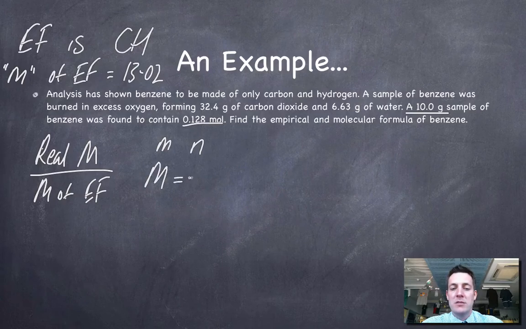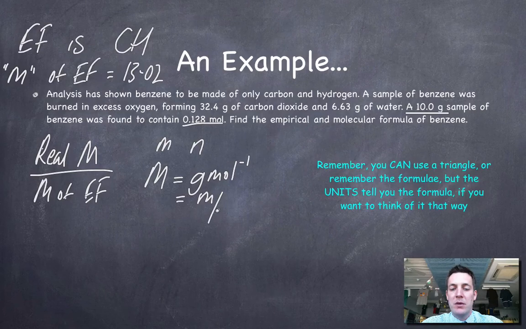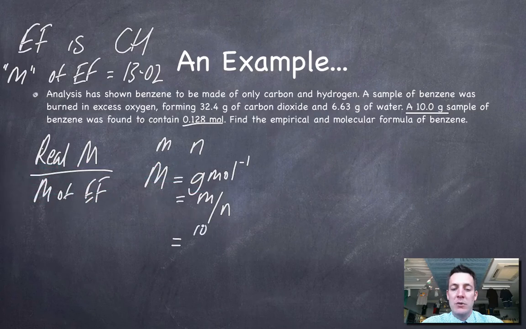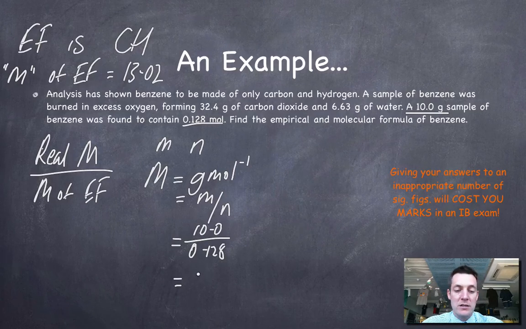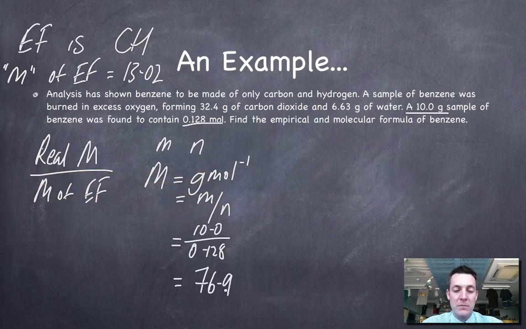Yes, I do, because it's measured in grams per mole. If it's measured in grams per mole, then that's mass being divided by the number of moles. So the molar mass of my substance is actually 10.0 over 0.128. And if I give that answer to 3 significant figures, because all my data has 3 significant figures, then the molar mass is 76.9.